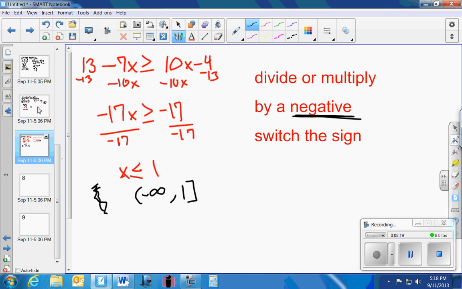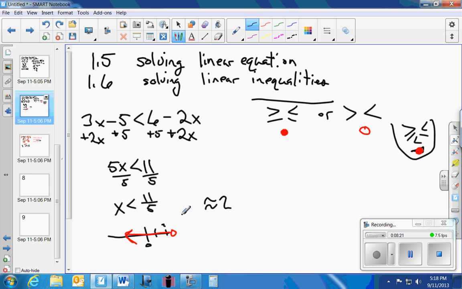So if we were to go back over here to this one and write this in interval notation, since it's less than, I'm going to start at negative infinity, and I'm going to go to 11/5 since it's not included. So since I don't have the equal sign underneath my greater than sign or my less than sign, I have a parentheses right here.